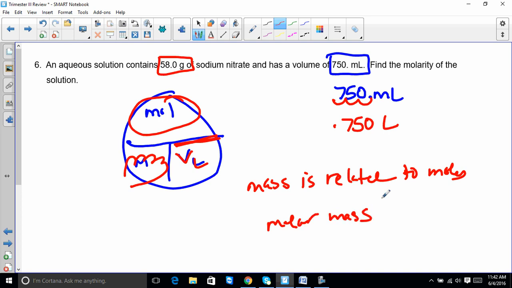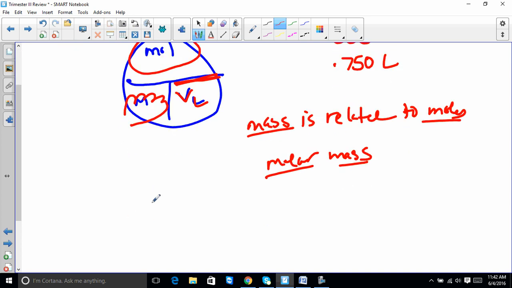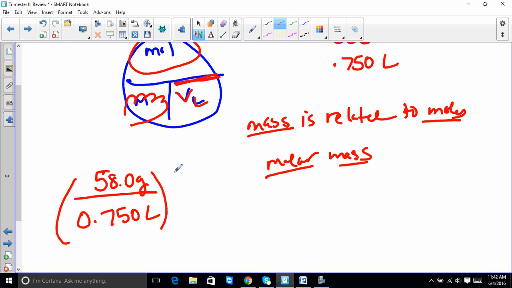It has both terms in it. Mass is related to moles by molar mass. And so what I'm going to do now is put the 58 grams on the top, the 0.750 liters below. If I stop the problem now, I'd be in grams per liter.